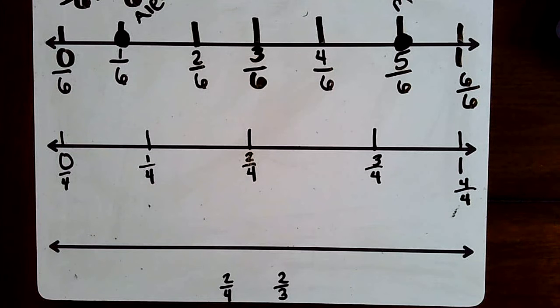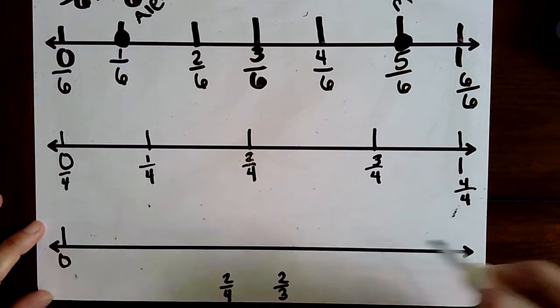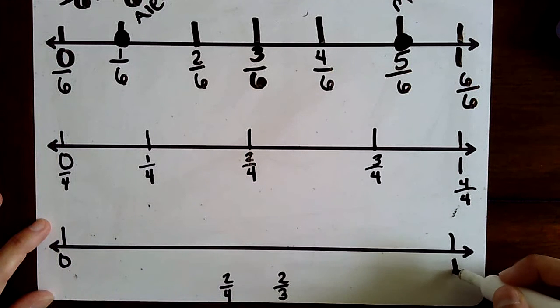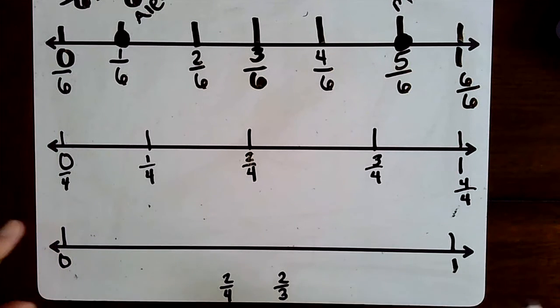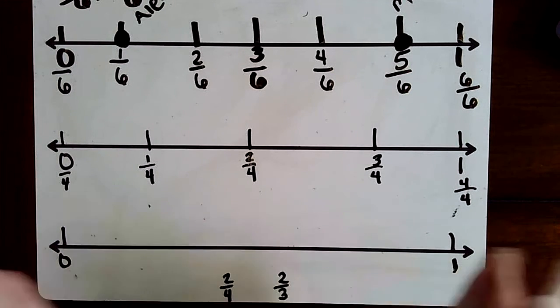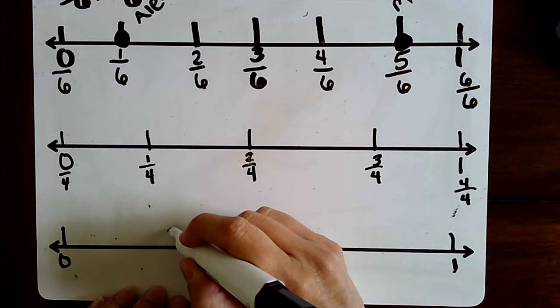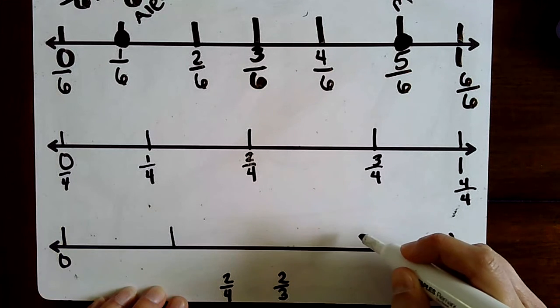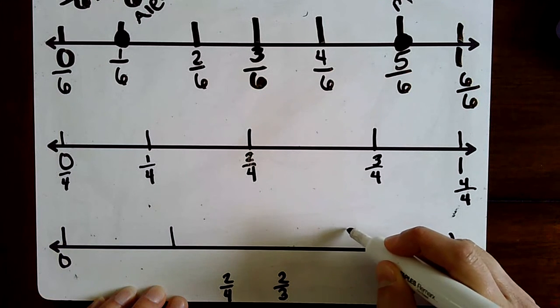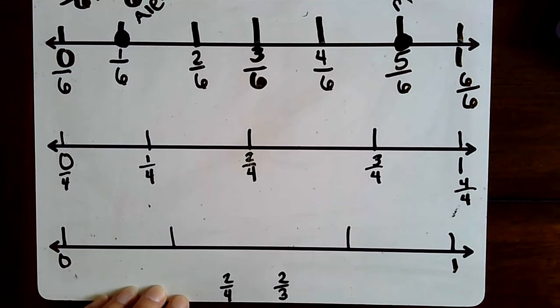And then our bottom fraction, we're going to do thirds. So we're going to start at 0, end at 1, and then 3 pieces. You can't divide 3 in half, so I'm just going to have to eyeball it the best I can. Sometimes I have to erase when I think it's not exactly right.